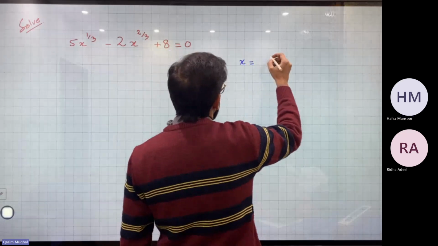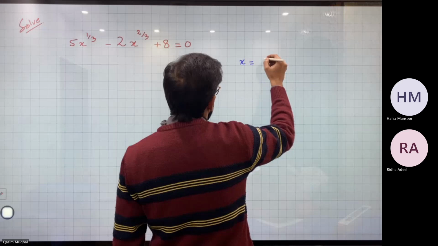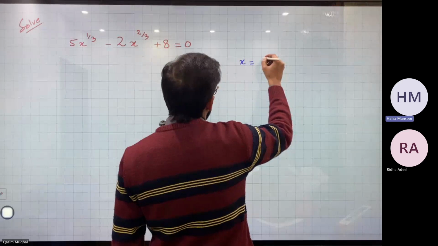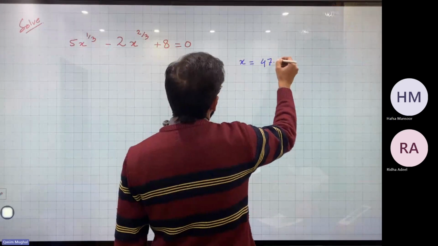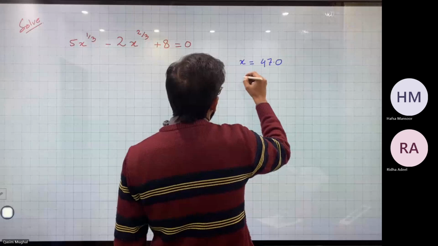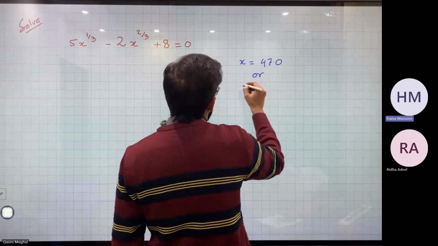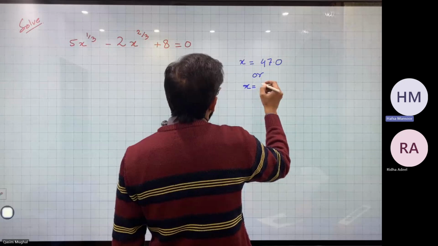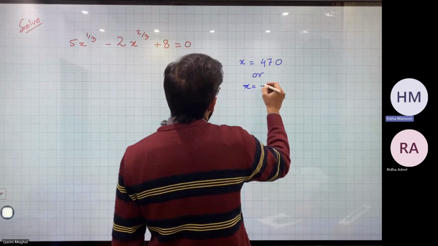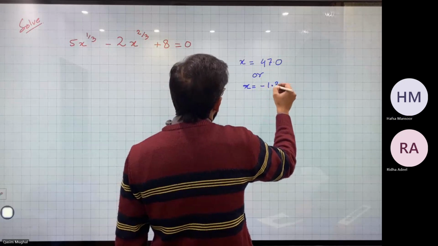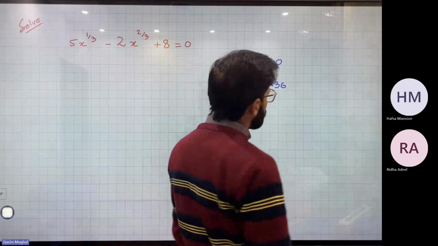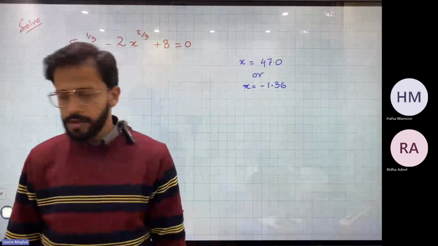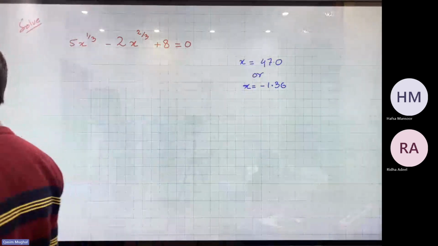Can you repeat them again? 47.0. No, wait, I think I did it. Okay, never mind. Yes, 47.0 and minus 1.36. Maybe check it there.